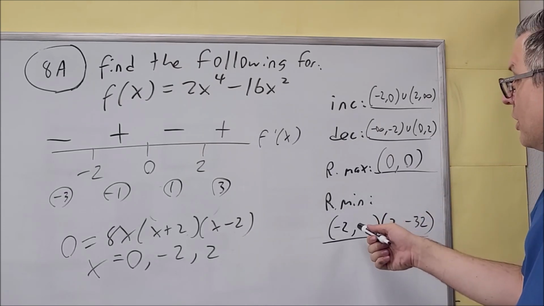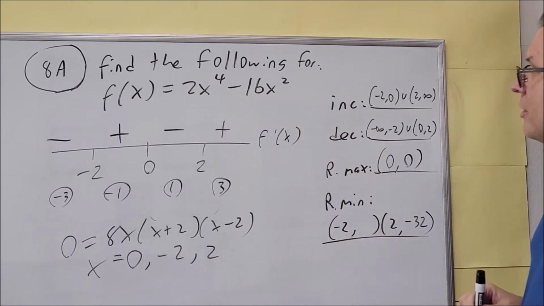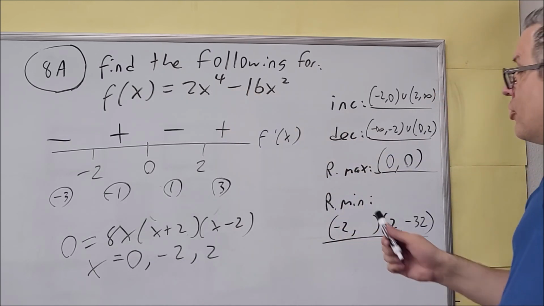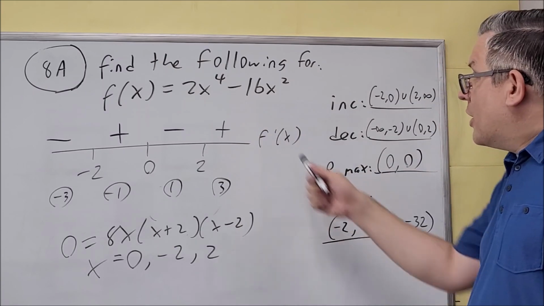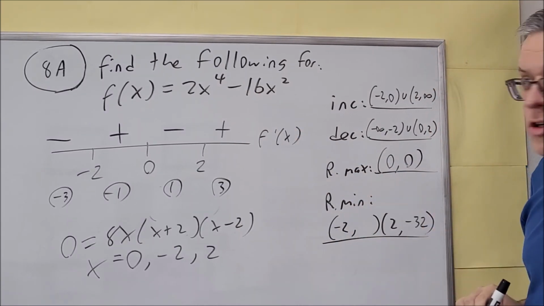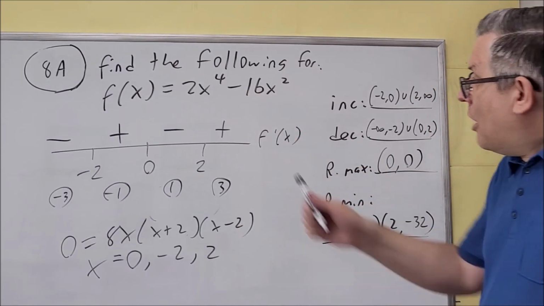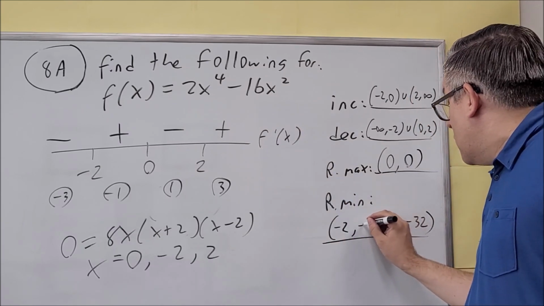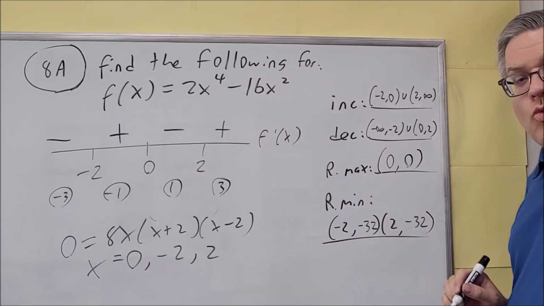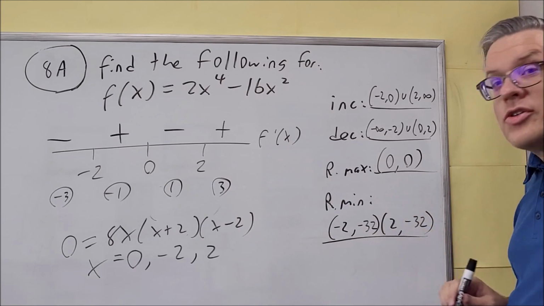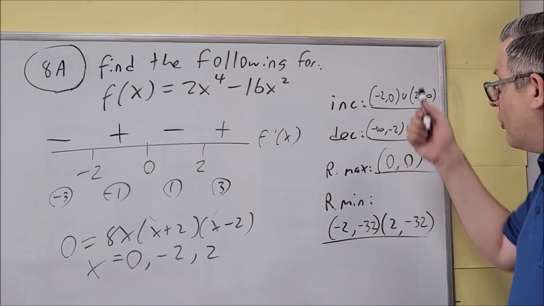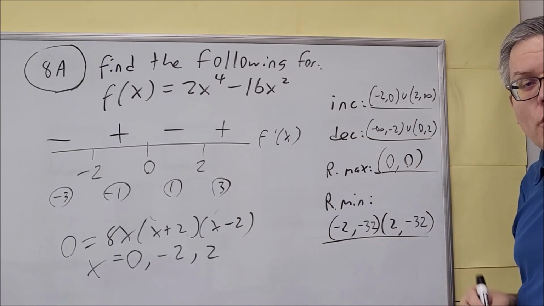And then if you put the negative 2 in for that one, you're actually going to get the same thing, because when you take negative 2 and you raise it to an even power, you're still going to get a positive number out of that. So this one's going to give you a negative 32 as well. So this would be the actual points that are on the line itself. And so that we've finished this problem, we've answered everything they're asking us for.